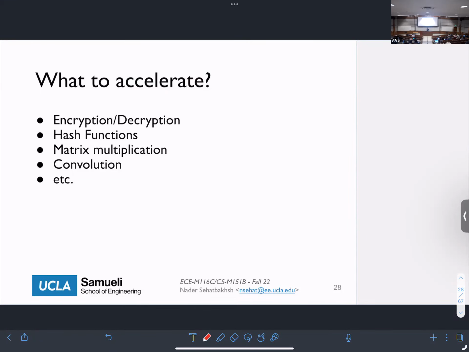Encryption and decryption are usually done in accelerators. Most of these systems, including Intel processors, typically have their own accelerators for encryption and decryption. We use them for hash functions, and for convolutions and other signal processing applications. And these days, there are many different accelerators, depending on the need, that can be added to your system.